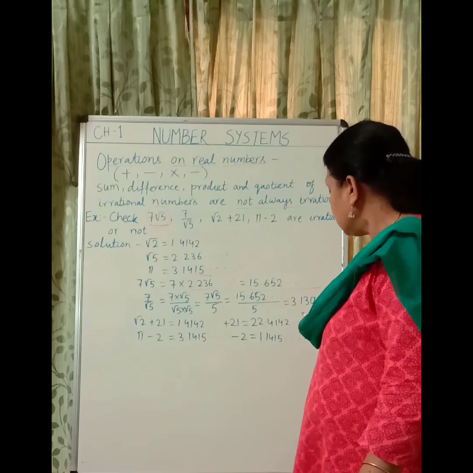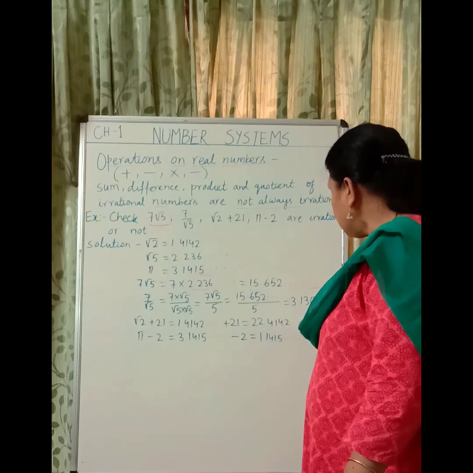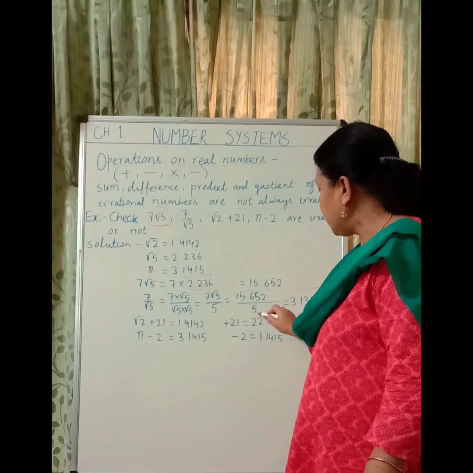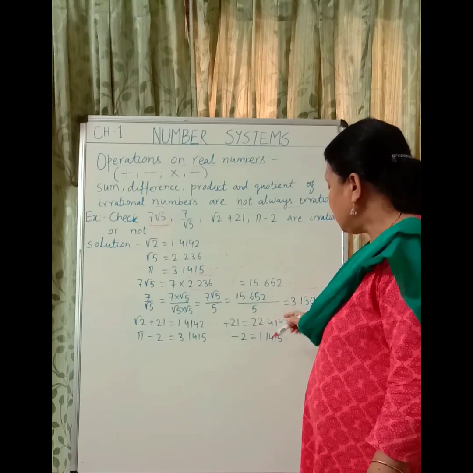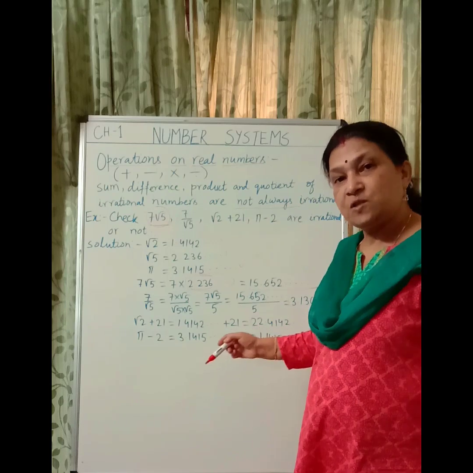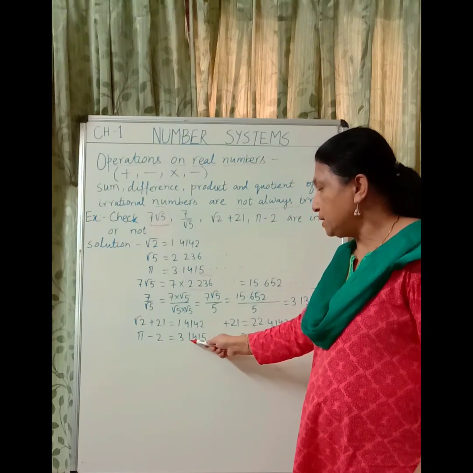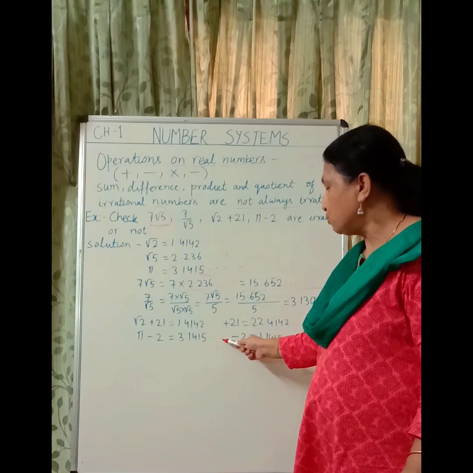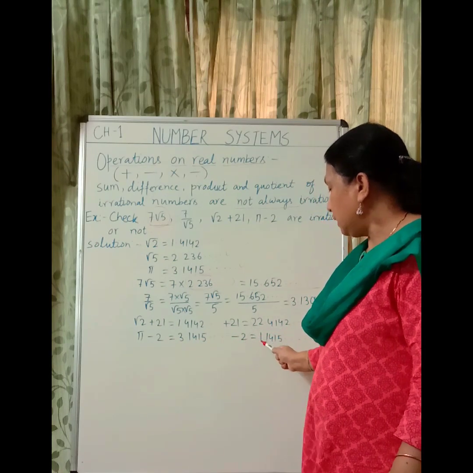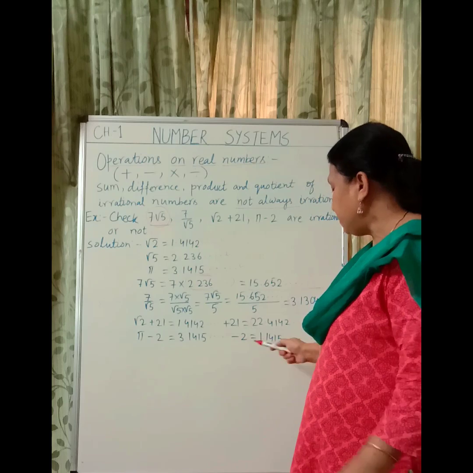and so on. You can notice in this also the decimal expansion is non-terminating, non-recurring. And finally pi minus 2, that is 3.1415 and so on, minus 2, that is 1.1415 and so on.